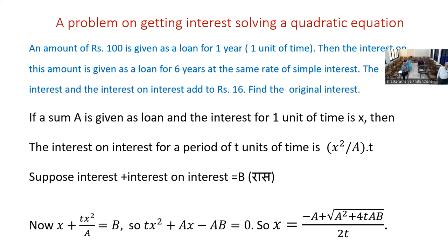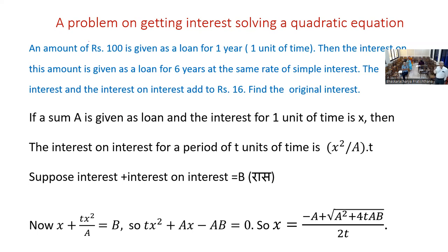Now this 10 rupees is given as a loan for 6 years at the same rate. So on 10 rupees you will get 1 rupee as interest for 1 year. Like this for 6 years, so 6 units of time are there. So it will become 6.